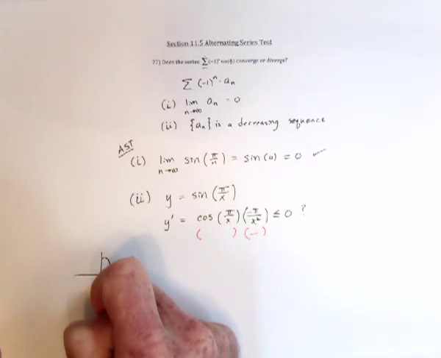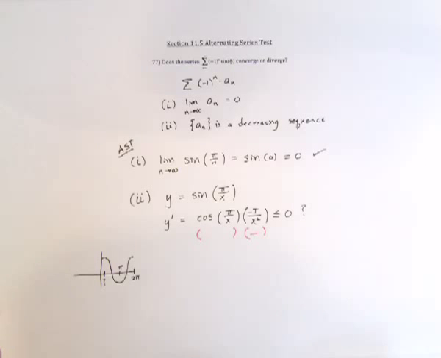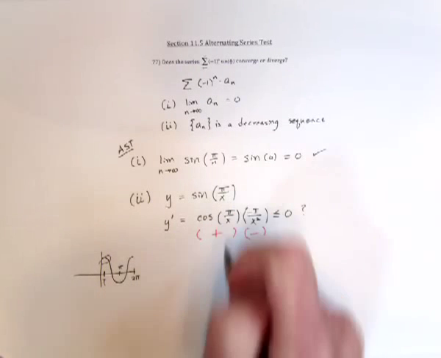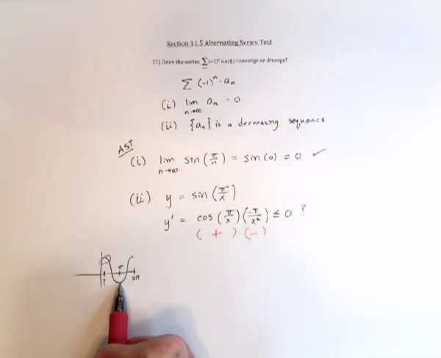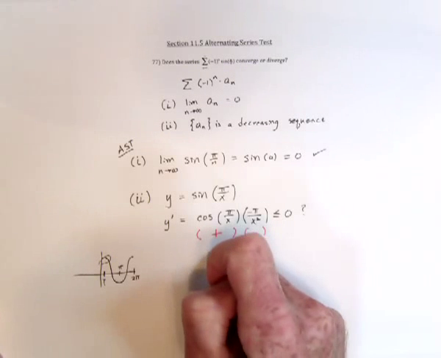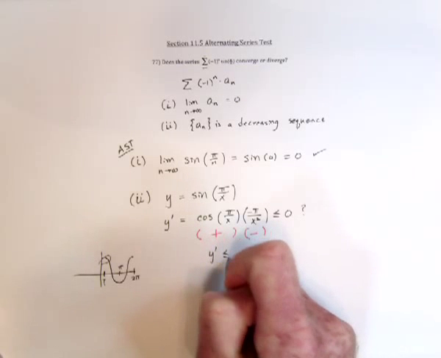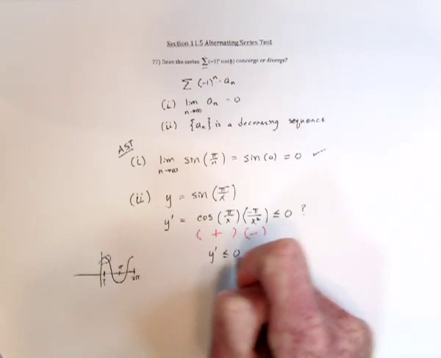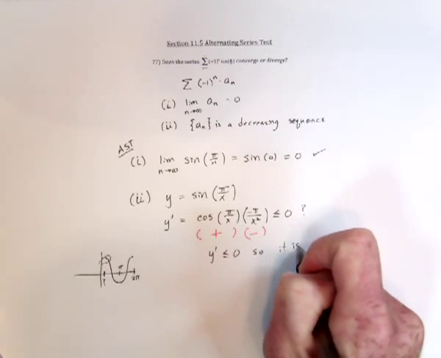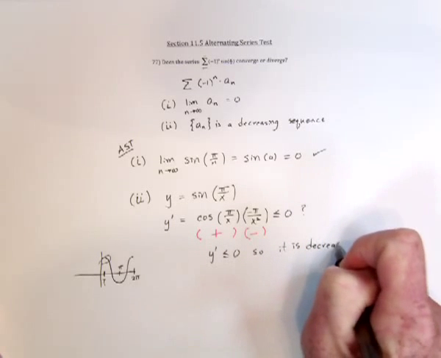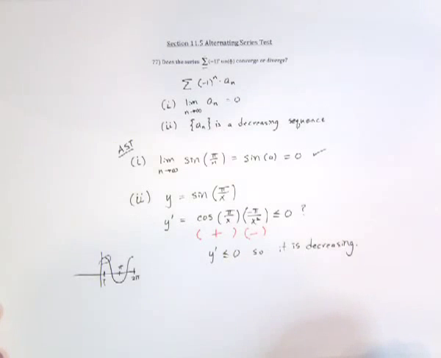And if you're talking about cosine of a very small number, then cosine is pretty close to 1. A 0.9, a 0.8, but it's positive. It's not down here, it's more over here. So we've got a positive times a negative. That means that y prime is negative. Y prime negative means that the function is decreasing, and so it passes the second part.